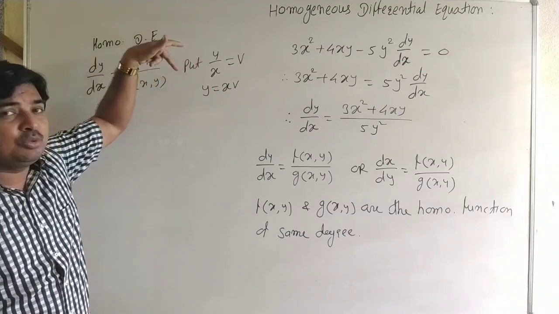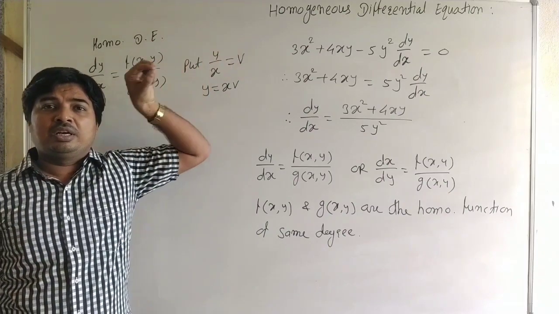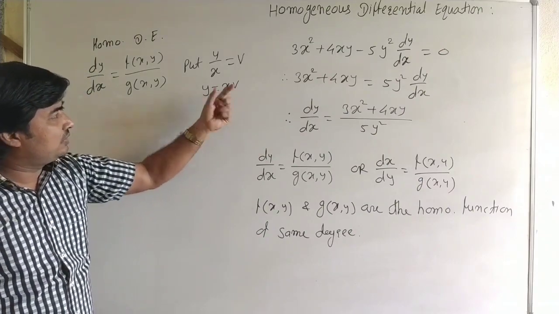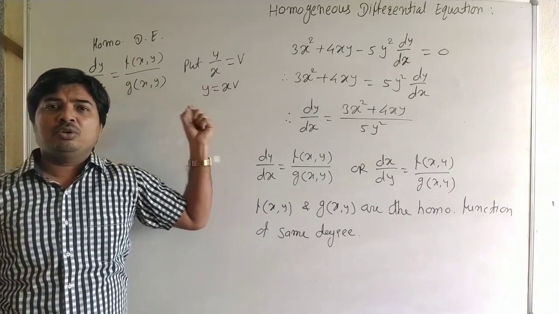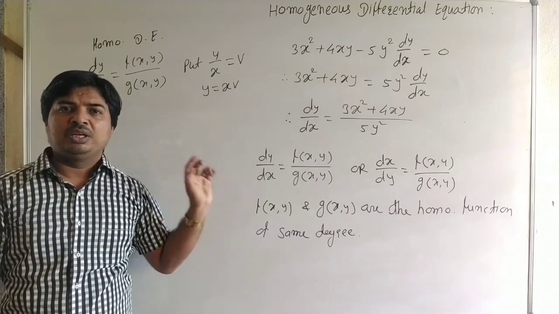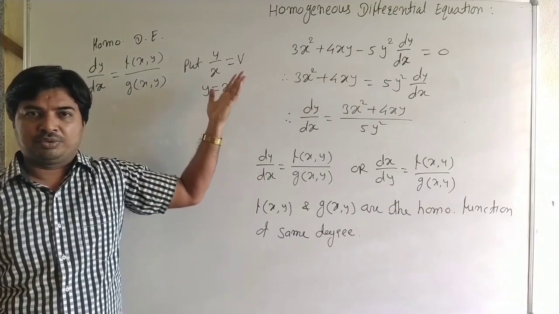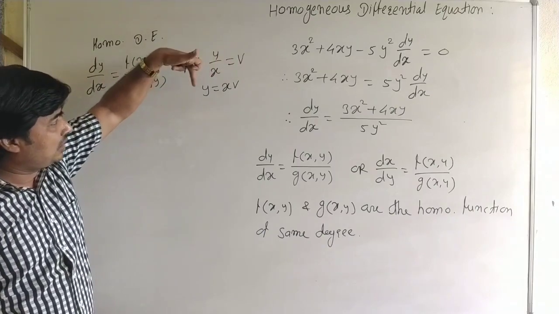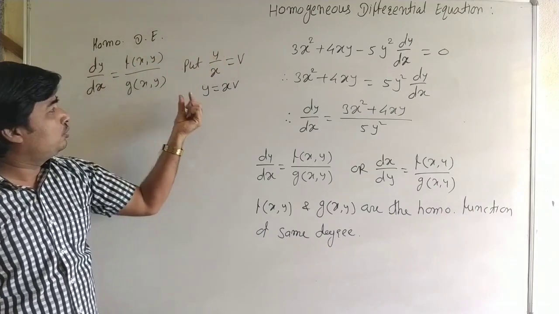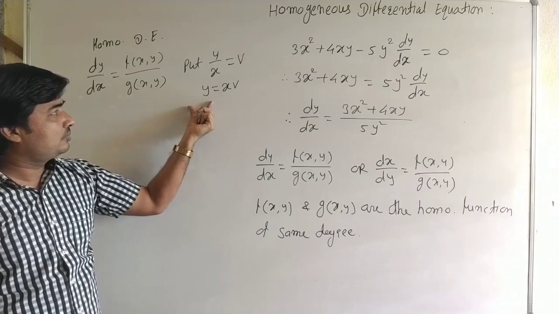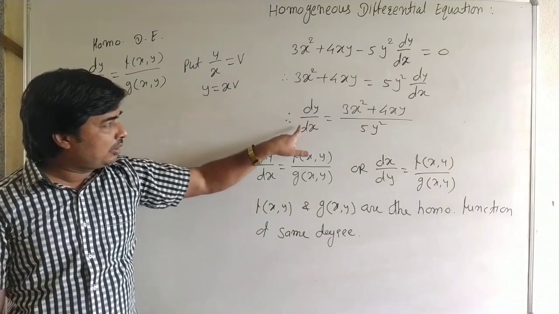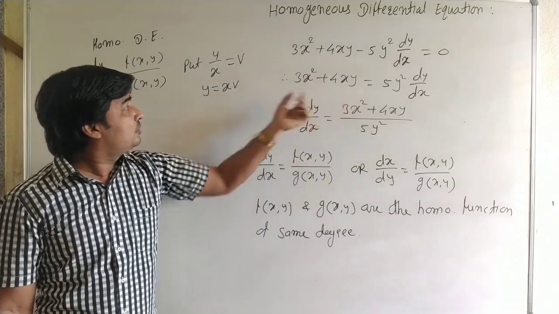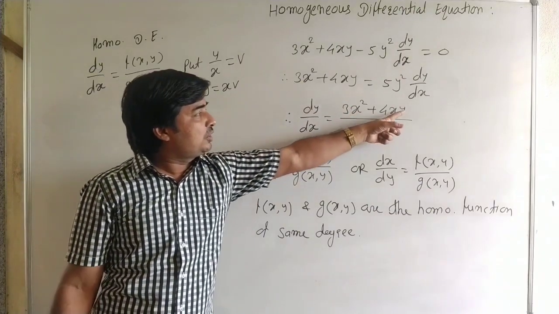Here y by x would need the derivative of u by v, but y is equal to xv uses the derivative of u into v, and u into v is easier than u by v. Now put y by x is equal to v, that means y is equal to xv. Then we find the value of dy by dx, and put the value of dy by dx here, and put y is equal to xv.